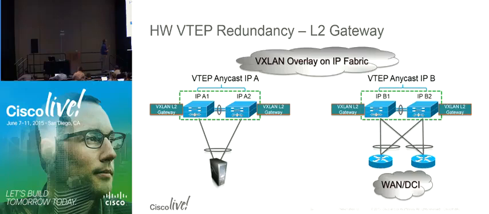Now, I can also put the VPC approach there to connect my external existing first hop routing. So you see down there on the right-hand side, I have routers externally connected, which actually represent the SVI I'm using to do inter-VLAN or inter-VXLAN routing in that case.